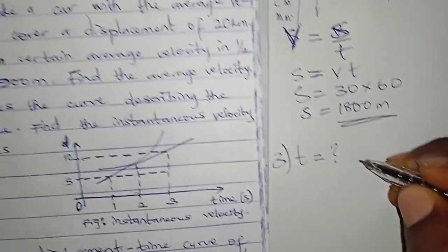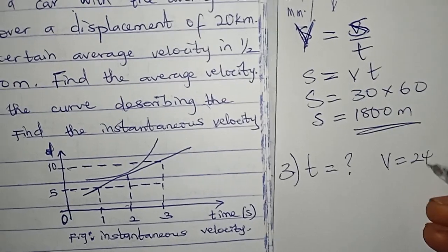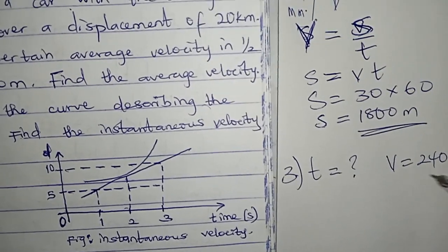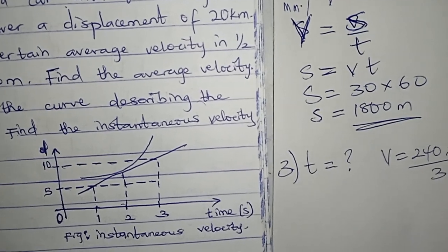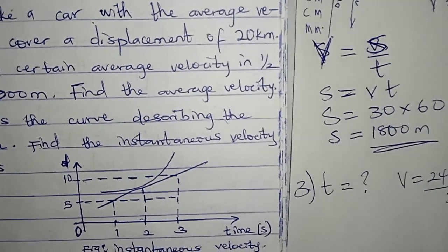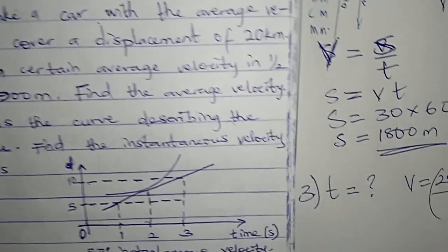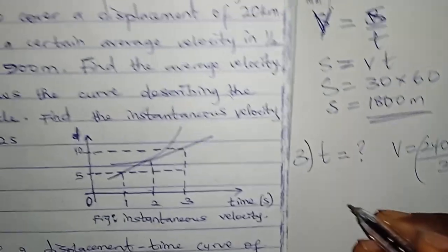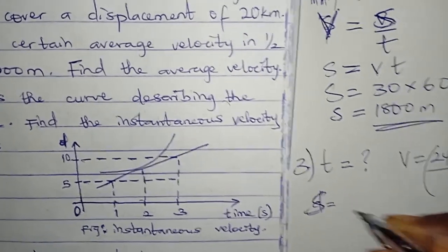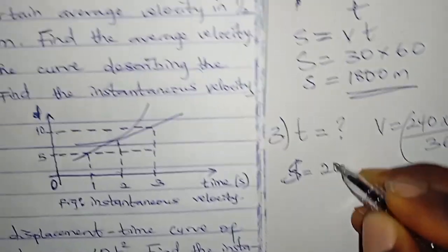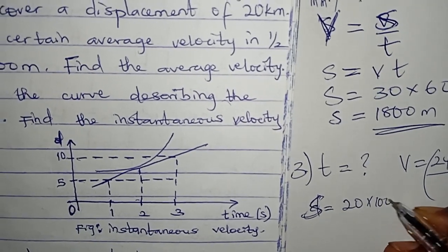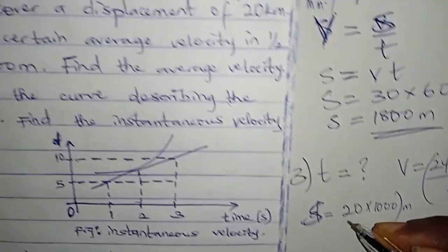Well, average velocity, the V there is 240 km times 1,000 all over hour to second, which is 3,600. That is meters per second. To cover a displacement S of 20 km, 20 times 1,000 meters.